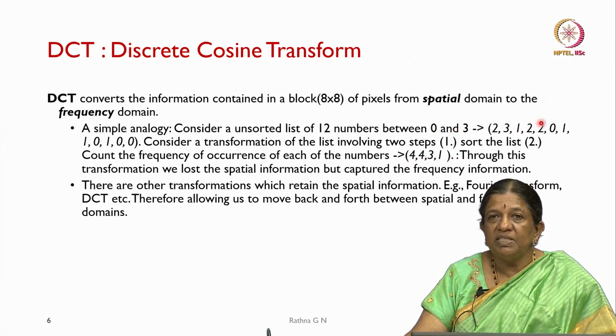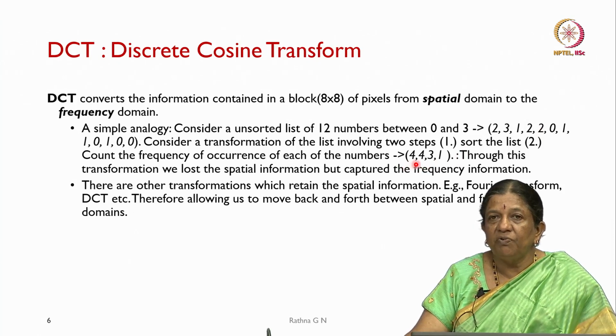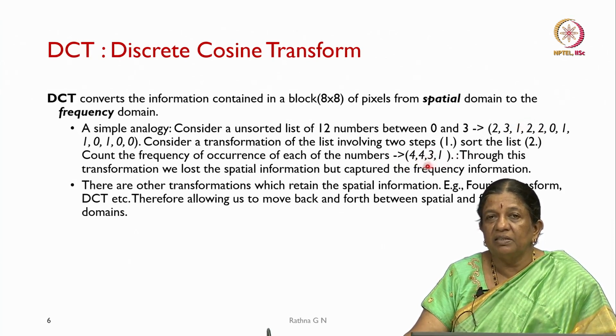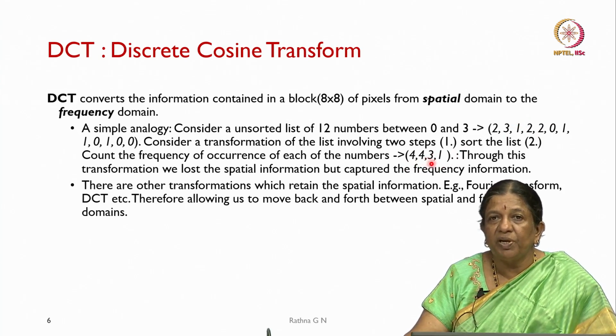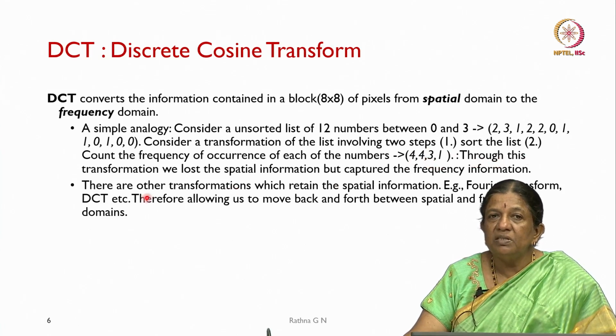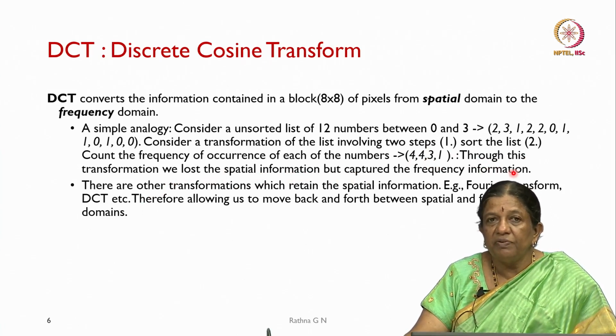So, how many times did these get repeated? You will see that 2 has got repeated 4 times, and 3 is repeated 4 times. This is the repetition rate. Through this transformation we lost the spatial information, but captured the frequency information, that is the frequency of each number's occurrence.